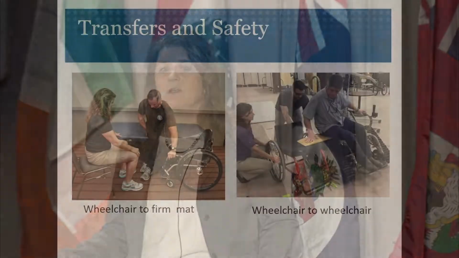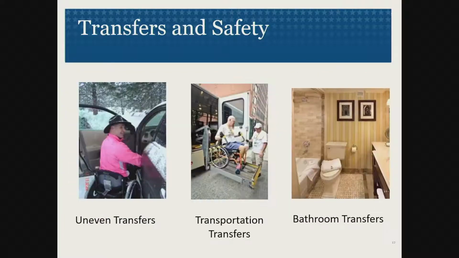Just some examples of, there's lots of different transfers that occur surrounding wheeled mobility. You're all professionals here, but sometimes it's moving from a wheelchair to a firm mat in a clinical setting. It may be moving from one wheelchair to another where there's an opportunity for a challenge to occur. And we get into the more challenging situations of performing a transfer into an overheight vehicle like an SUV. Teaching those appropriate transfers and minimizing those opportunities for the accident is really important.